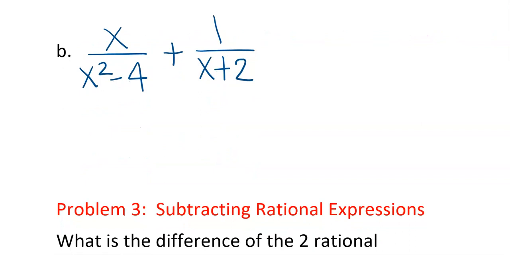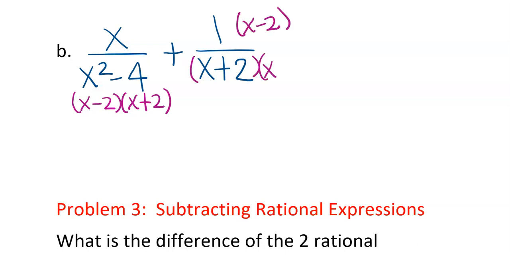Here's part B. The first term has a difference of 2 squares, which means the second term is missing that factor of x minus 2. So we've got x plus x minus 2.